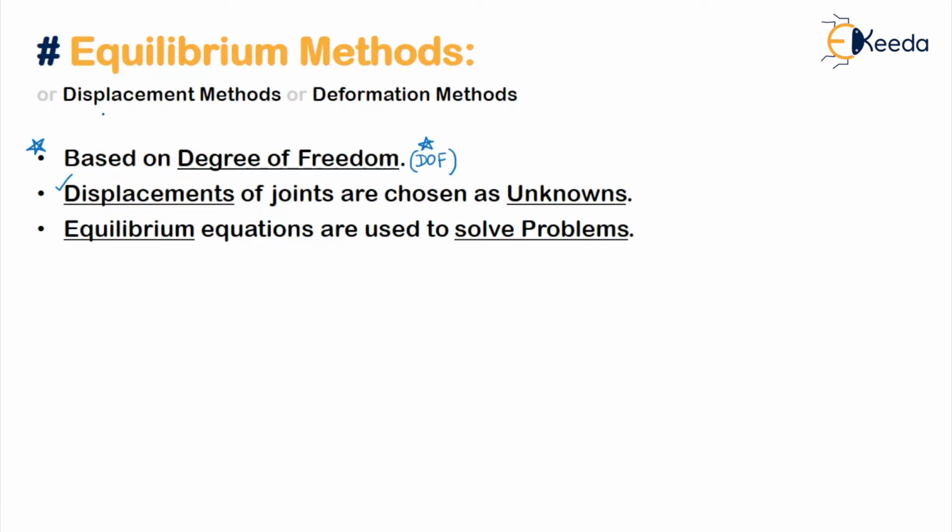So that's the reason they are also called displacement or deformation methods. And they are called equilibrium methods because we use equilibrium equations for solving the problem. To brief up, equilibrium methods are based on the degrees of freedom, displacements of joints are chosen as unknowns, and equilibrium equations are used to solve the problem. That's the reason for the names equilibrium method and displacement method.